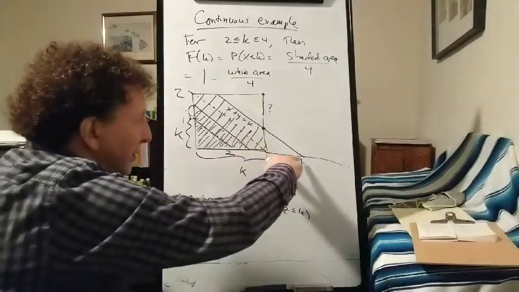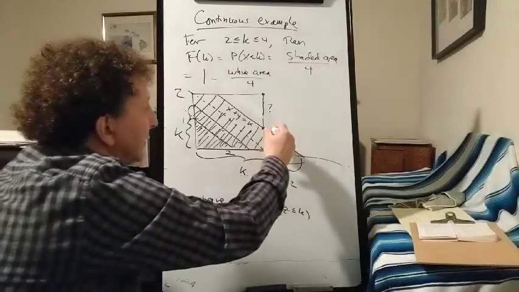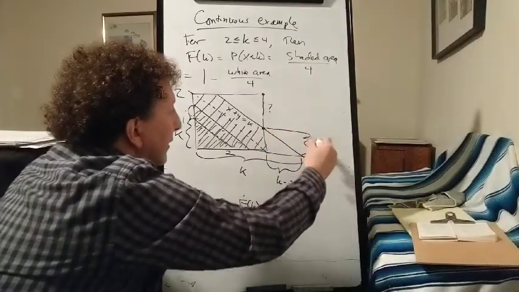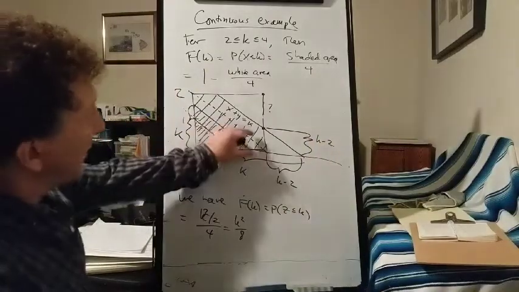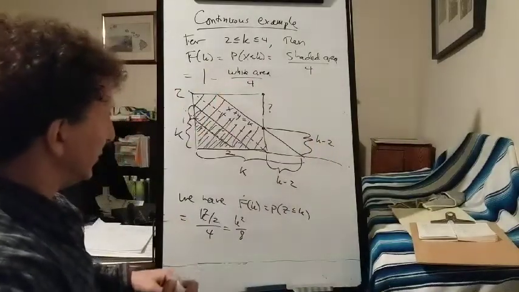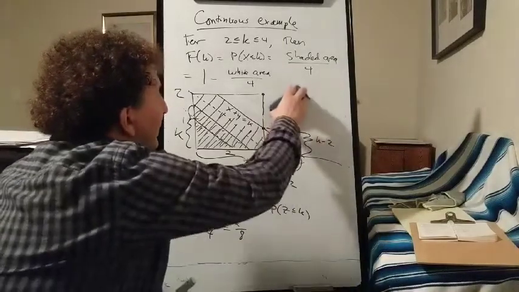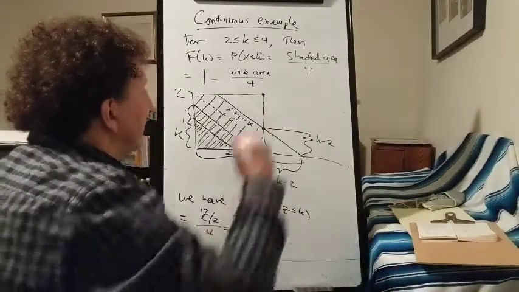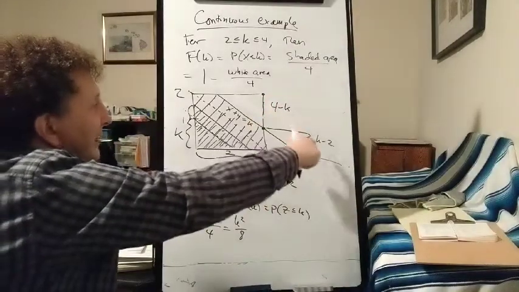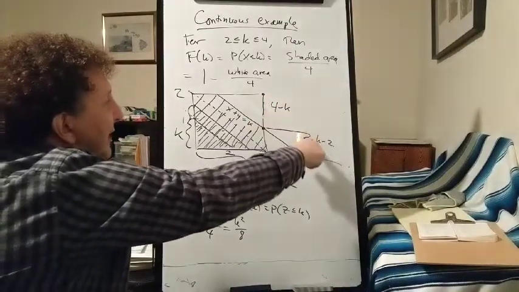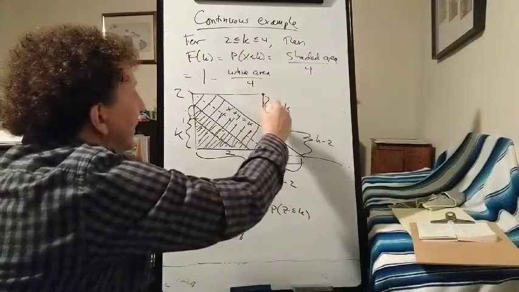This of course is a right triangle where the two legs are equal, so this is k minus 2 there also. K minus 2 plus something equals 2, and that something is going to be 4 minus k. Because if we add 4 minus k and k minus 2, the k's cancel, we get 4 minus 2 equals 2. So 4 minus k is this length.